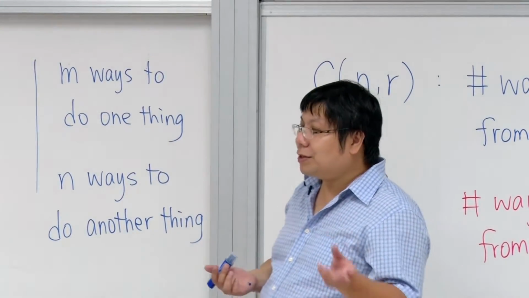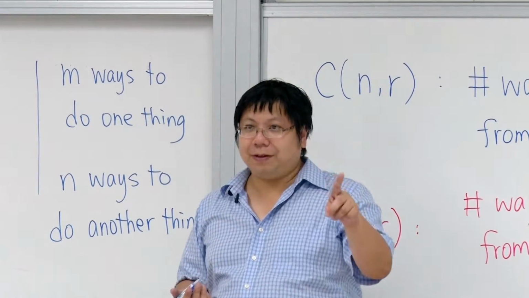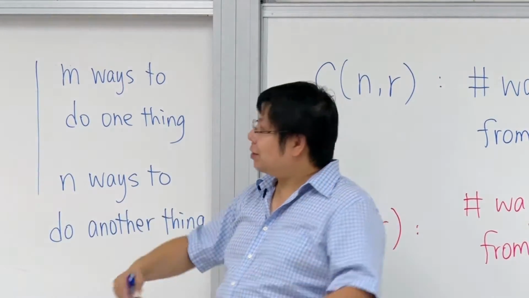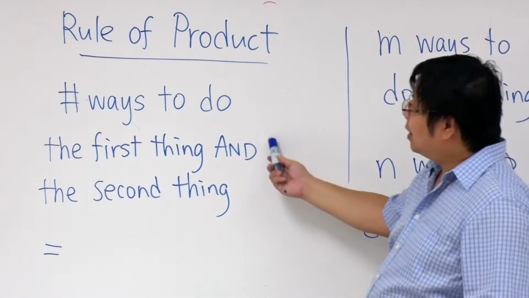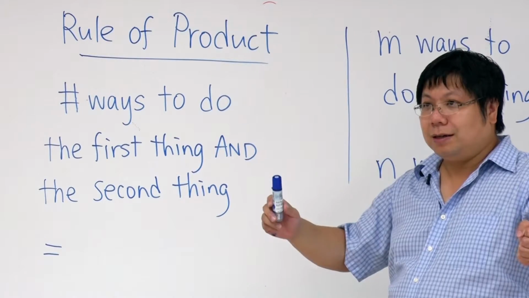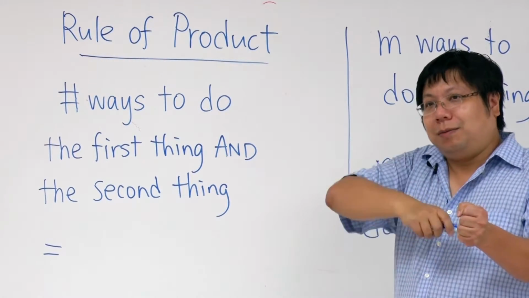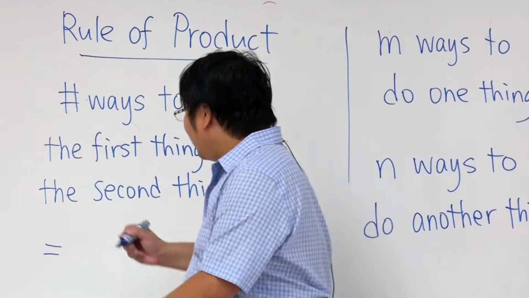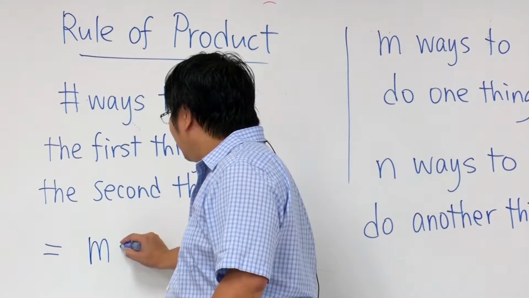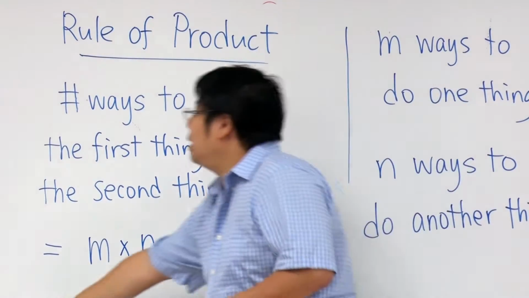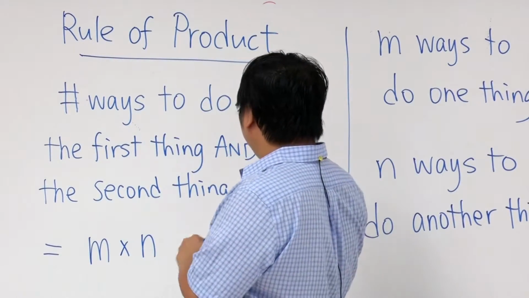So there are going to be 7 times 5 ways to choose a meal. So this is what I want to say. The number of ways where we need to do the first thing, and not only the first thing, but we also need to do the second thing, is m times n. So the key word for this one is and.